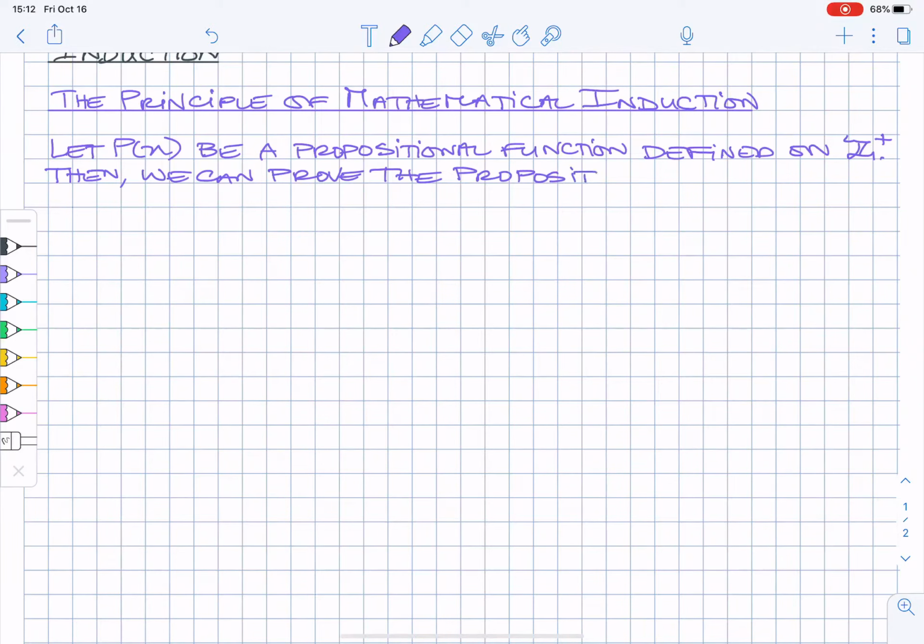Proposition true by, and here is the process of mathematical induction. So number one, the basis step.